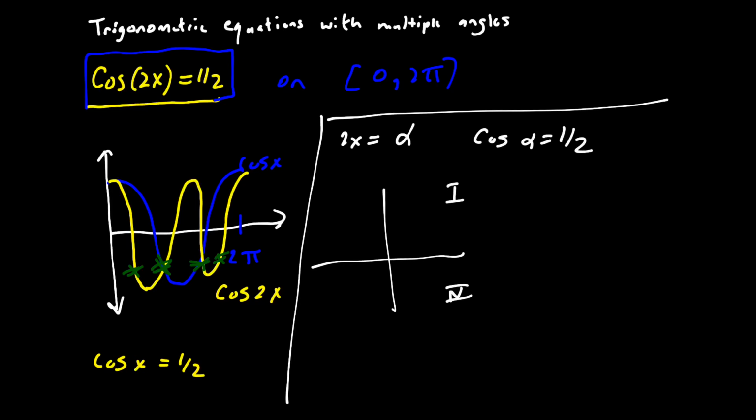This means we form a right triangle in both of these quadrants. The adjacent side has length 1 and the hypotenuse has length 2. Therefore, the opposite side of both of these triangles is going to be given by the square root of 3 and the square root of 3. We'll call both reference angles theta real fast, and this is going to be given by pi divided by 3.